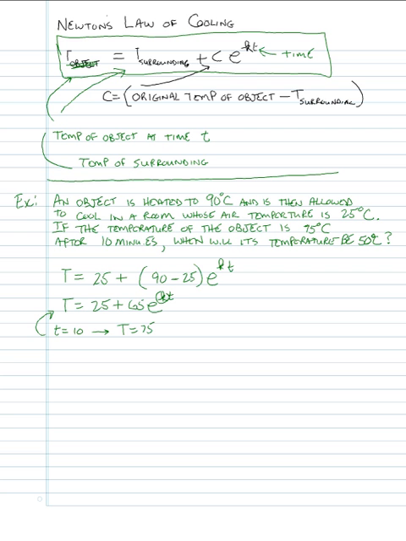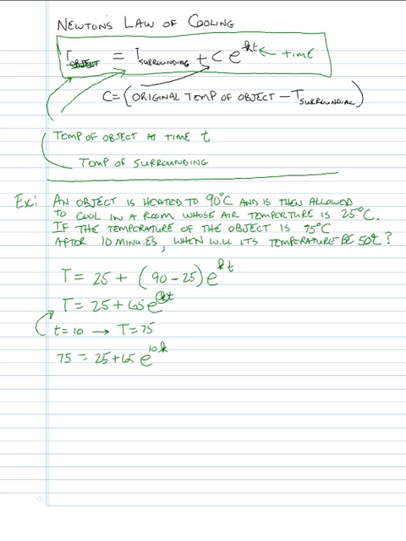So we put a 75 over here on the left side is equal to 25 plus 65 times e to the power k times t. And t is 10. So we'll say 10 times k instead of k times 10. Now all we need to do is solve that equation for k.